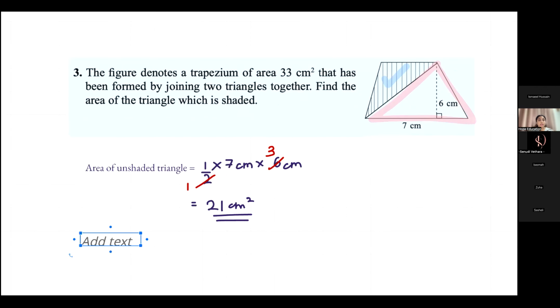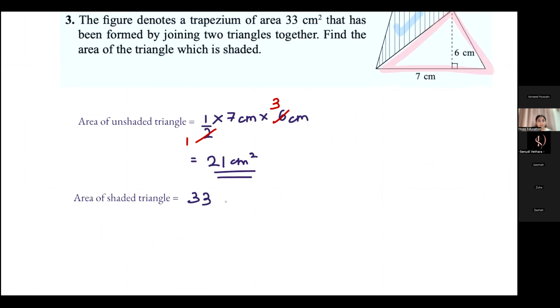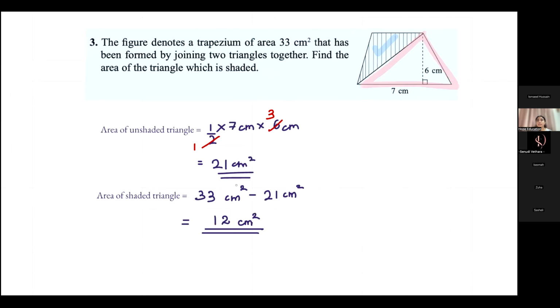So the area of the shaded triangle is, from the total area 33 square centimeters, you subtract the area of the unshaded triangle, which is 21 square centimeters. So you get 3 minus 1 is 2, 3 minus 2 is 1. 12 square centimeters. Is this clear?